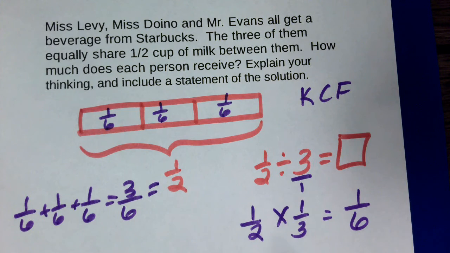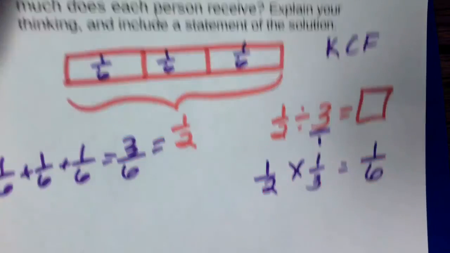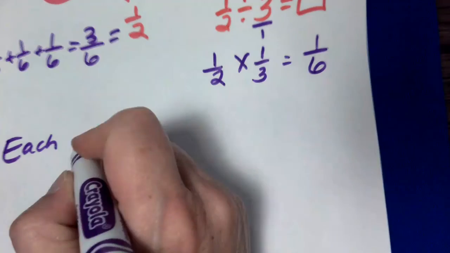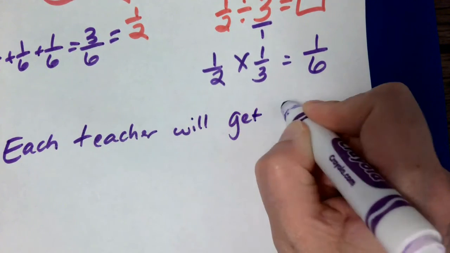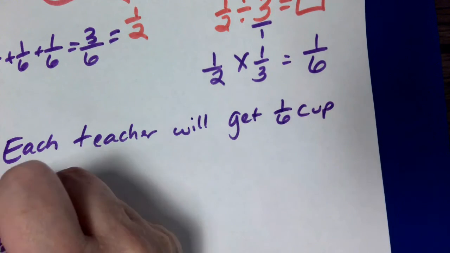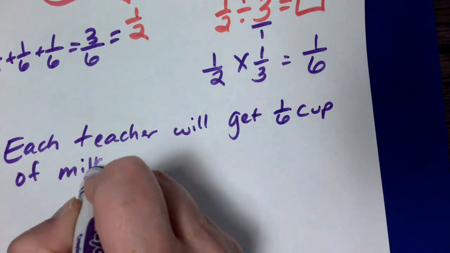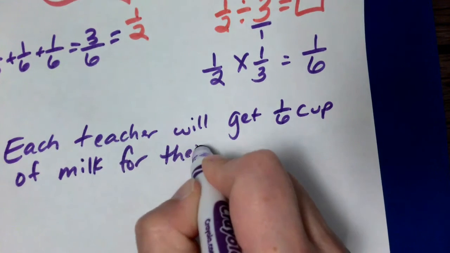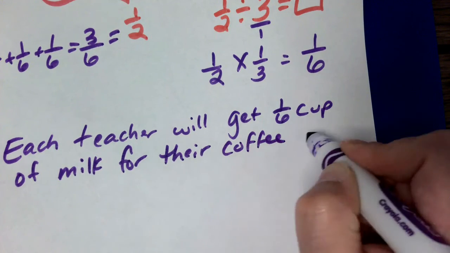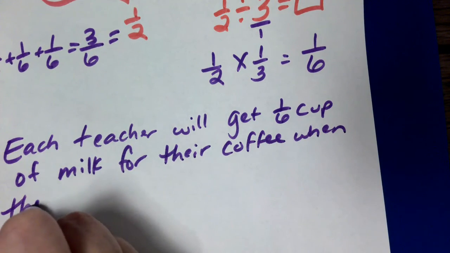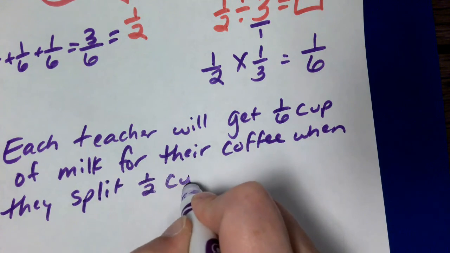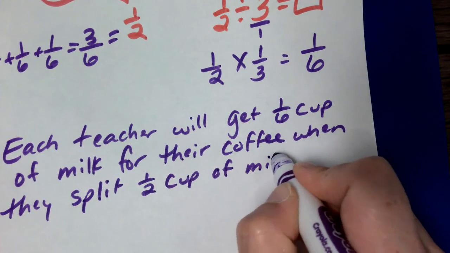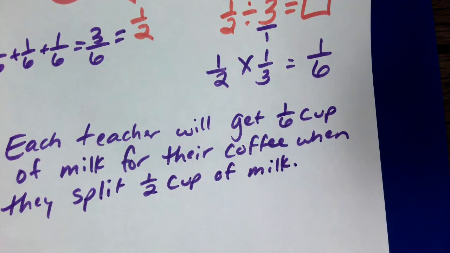So my answer in this case is each teacher will get 1/6 cup of milk for their coffee when they split 1/2 cup of milk.